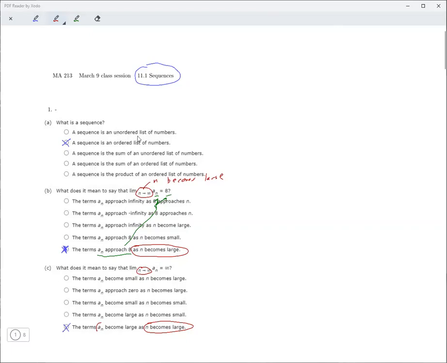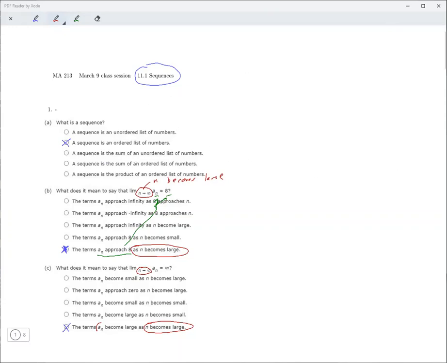You can think of it as a function from the positive integers, or from the non-negative integers, to the real numbers, where the domain is just your integers, and then the range is just like any other function. So it's just like a function in that regard. But let's not worry about that.